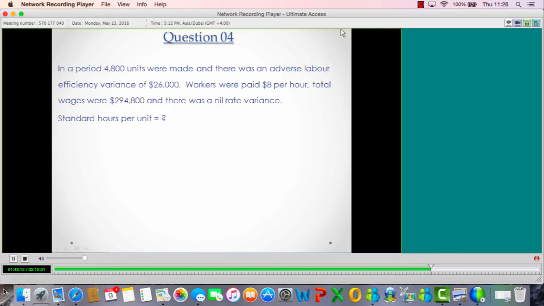Please. Okay? So now I have my actual labor hours, and now I have my efficiency variance in dollar terms. How can I make my efficiency variance in labor hours? Tell me. You remember in the previous question you get the efficiency variance in labor hours, then you multiply it by something and you arrive at the dollar terms.